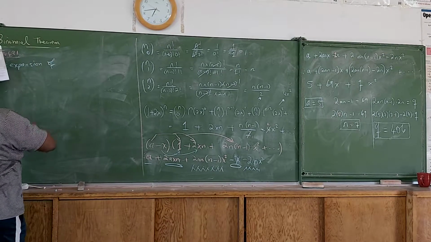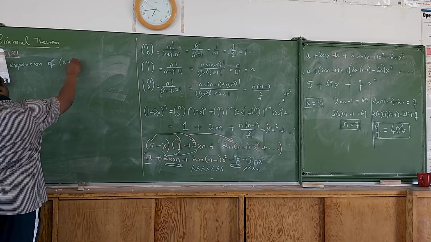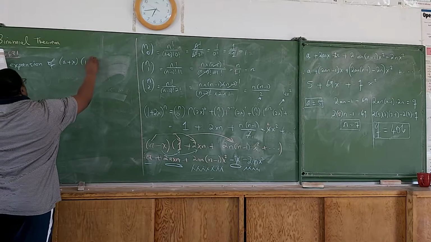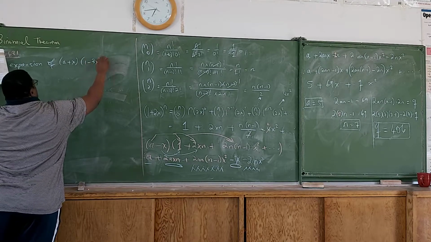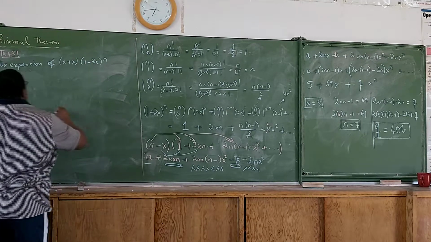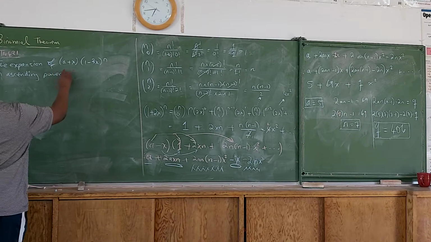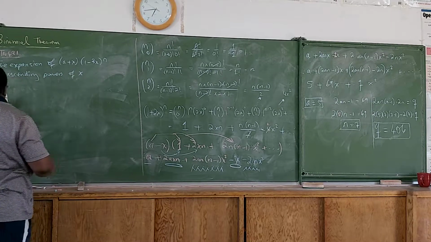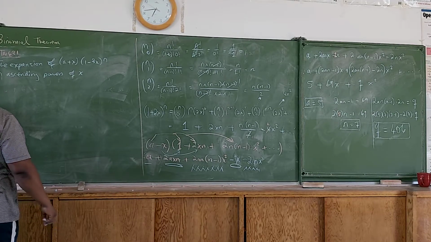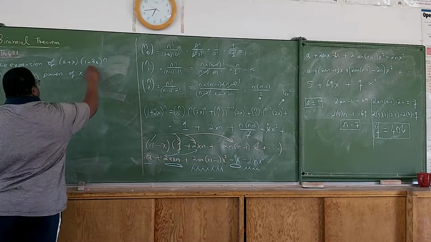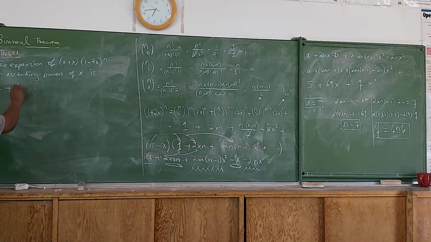The expansion of (a plus x)(1 minus 3x)^n in ascending powers of x, right? Is 4 plus 95x. Did I write that correct? It's supposed to be minus now. Yes, sir.